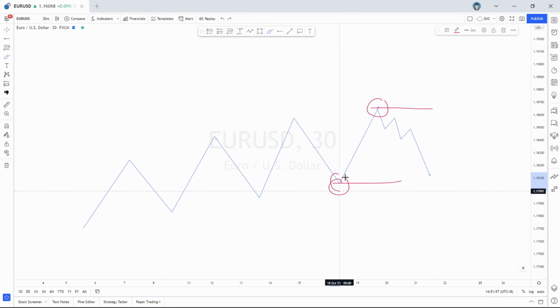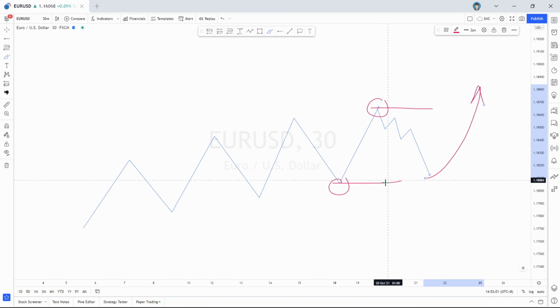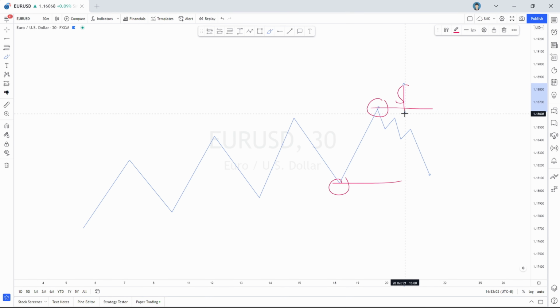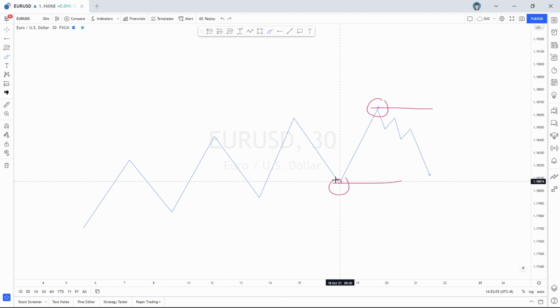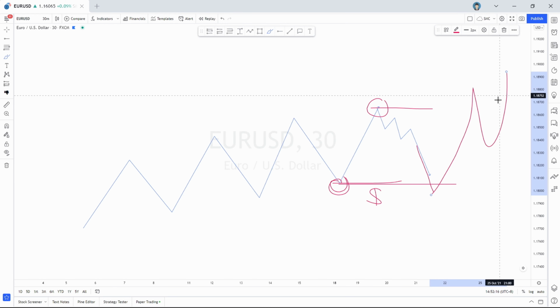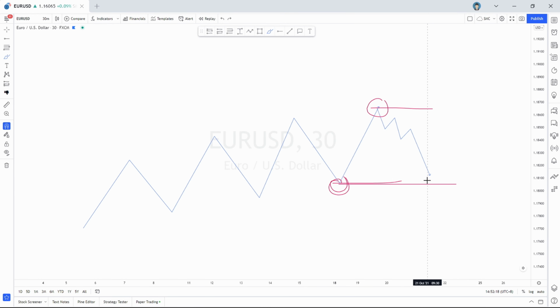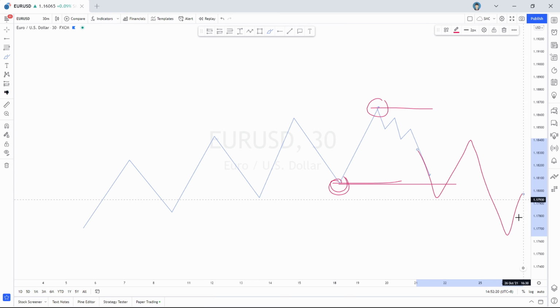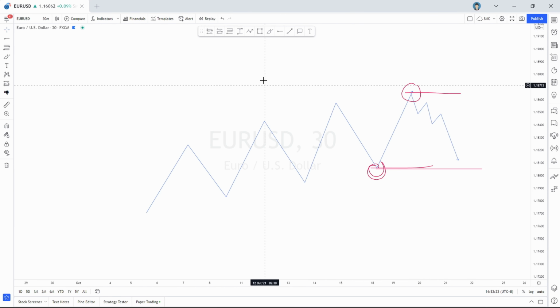So target, protected. Target meaning we're expecting price to break that point, this liquidity high here, and protected meaning price should not go below this point, since if price goes below it, this could be a liquidity grab to the downside, then price continues to the upside, or this could be an overall structural shift to the downside, since price might be done going to the upside.